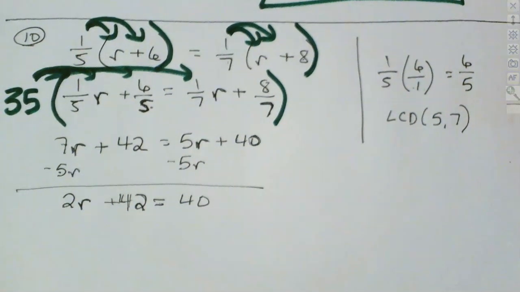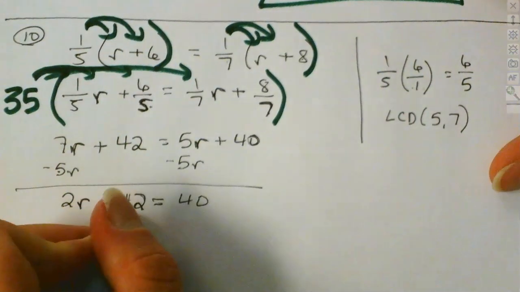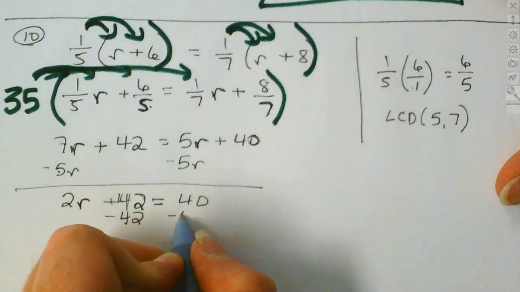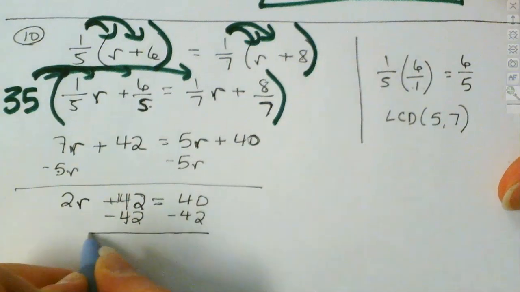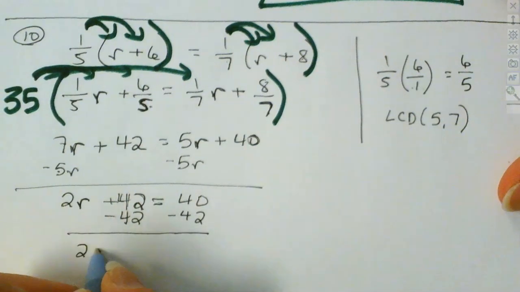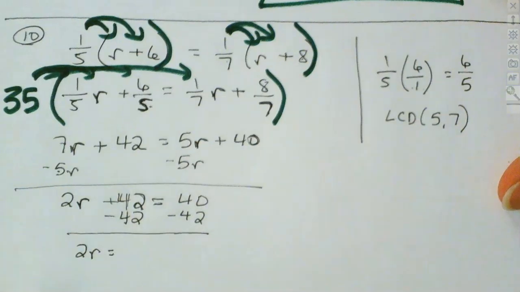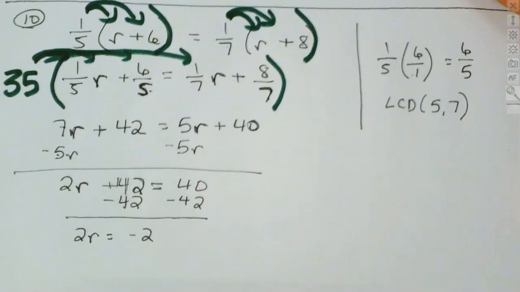What's my next step here going to be? Go ahead and move that 42 over with subtraction. That way it goes to the right. And that leaves me with 2r equaling 40 minus 42. That's a negative 2. And what's my final finish step here?